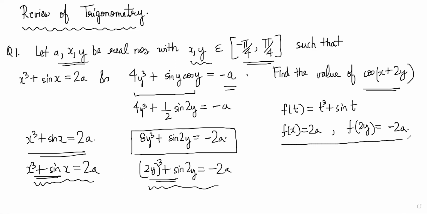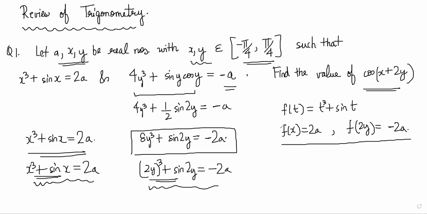So what we are doing here is identifying that the expressions look very alike. We have f of x in one equation and f of 2y in the second, and they equal 2a and minus 2a.